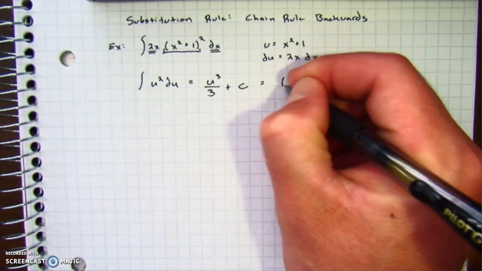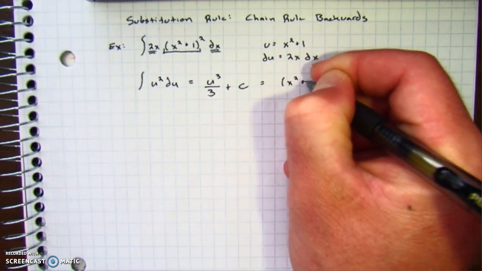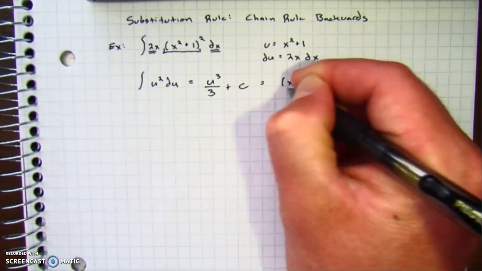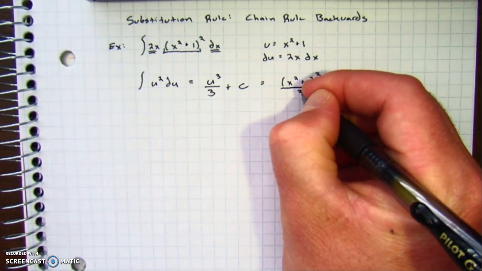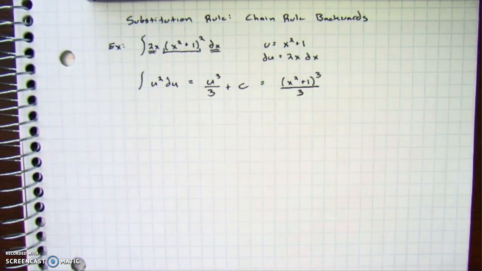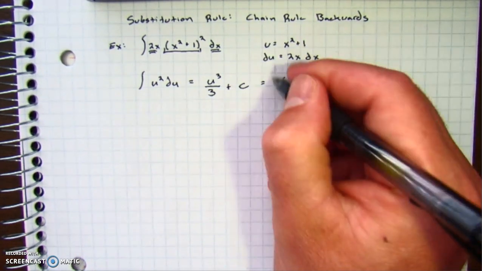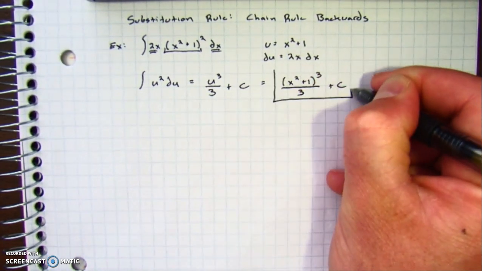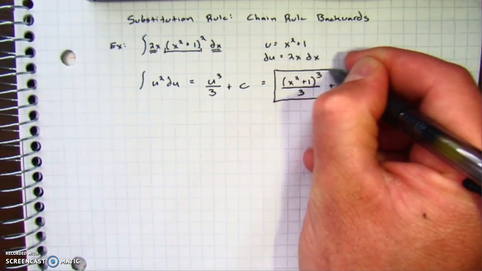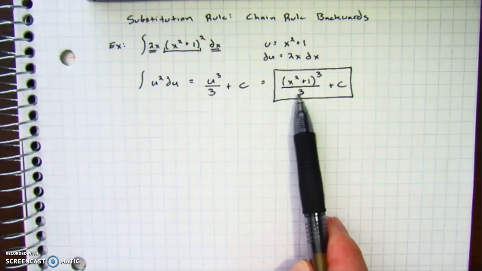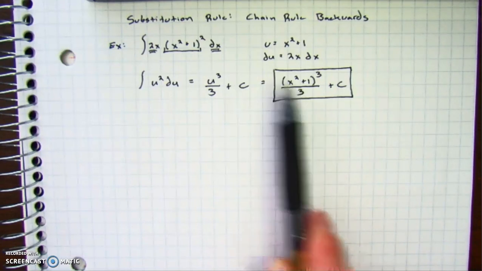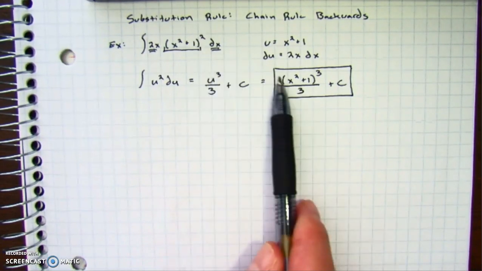So we're going to have (x squared plus 1) cubed over 3, and don't forget plus c. The nice thing about u substitution, and integrals in general, is you can check it: if you took the derivative of this, you should get the original.